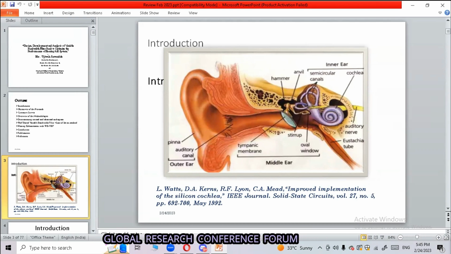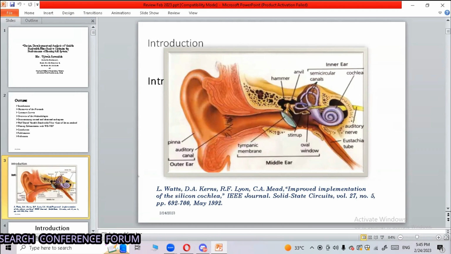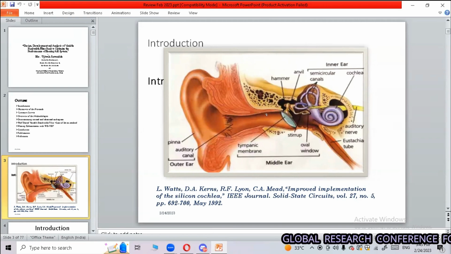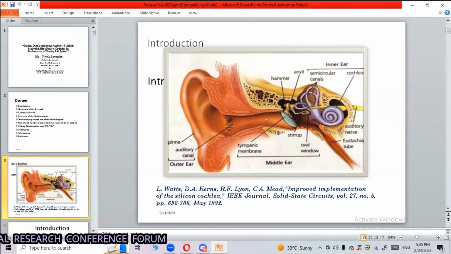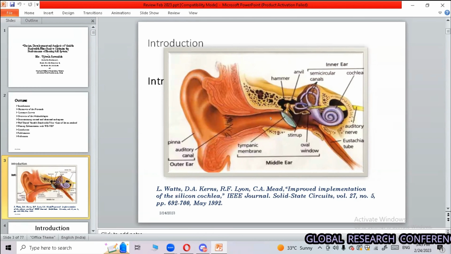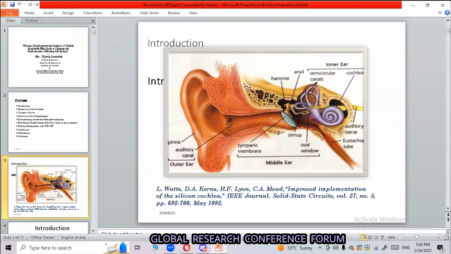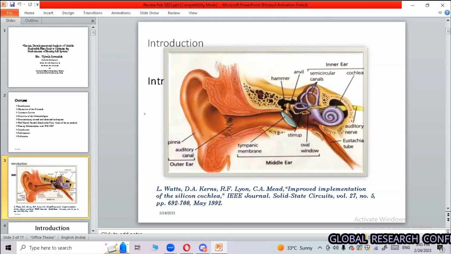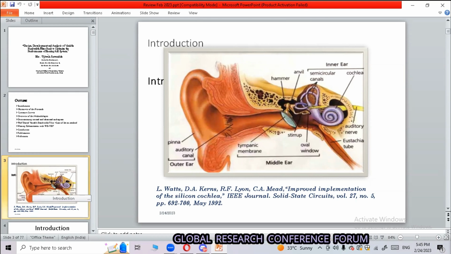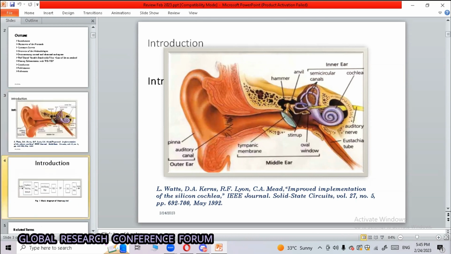When any sound signal comes from the outer ear to the inner ear, the inner ear will work as a medium between outer ear and inner ear, and if some particular sound is coming, it will stimulate that particular nerve in the inner ear, and it will pass the signal to the brain. So this way we can compare the human ear with the hearing aid system.